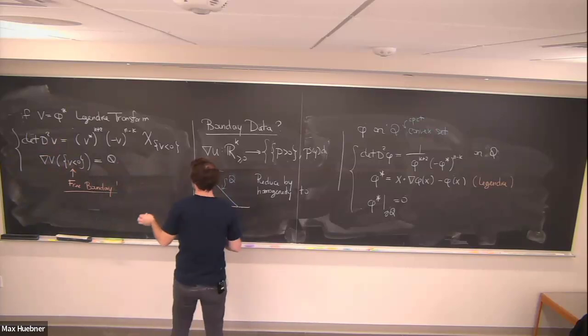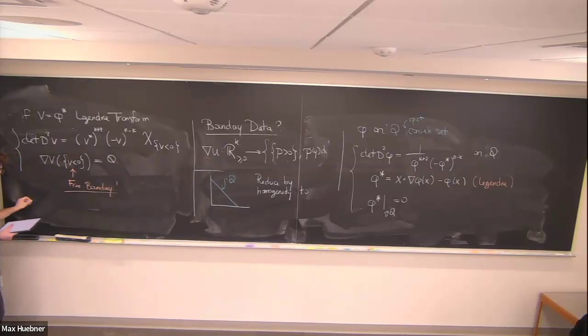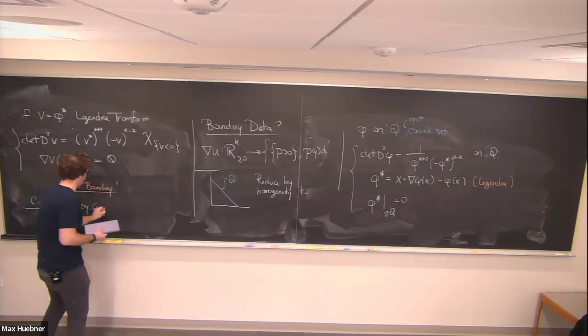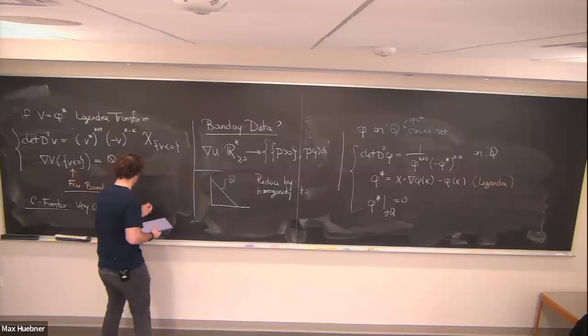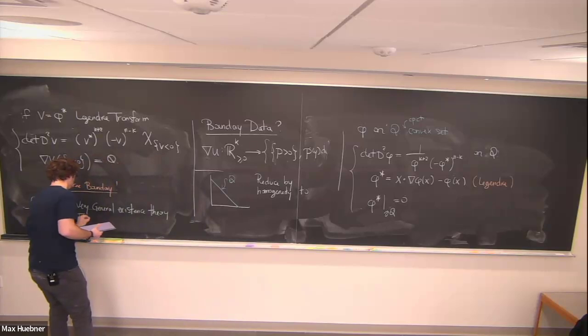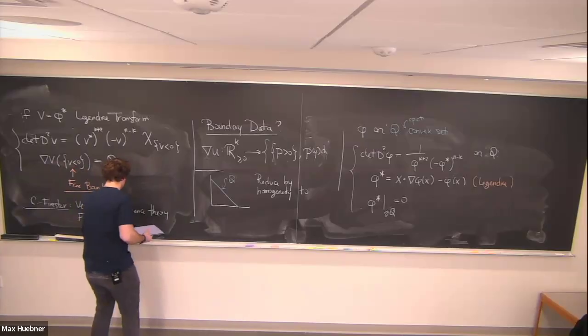So this is the problem that we solved, and let me just mention in passing that my student Benji Firester and I showed that you could solve, in fact, very general classes of Monge-Ampere equations with this kind of mixed first and second boundary conditions. So there's a very general existence theory for this type of Monge-Ampere equation, this type of free boundary problem.